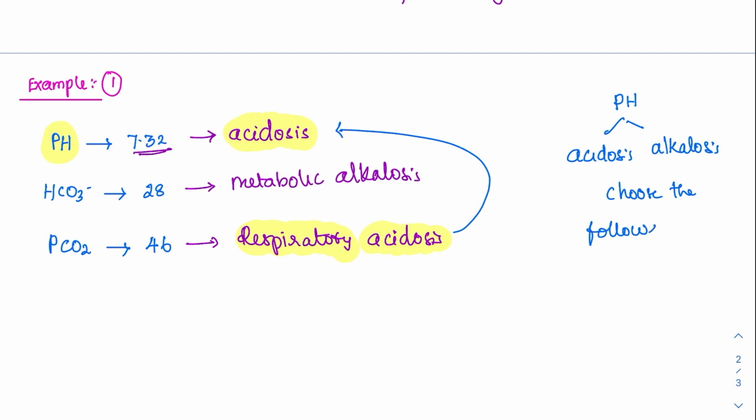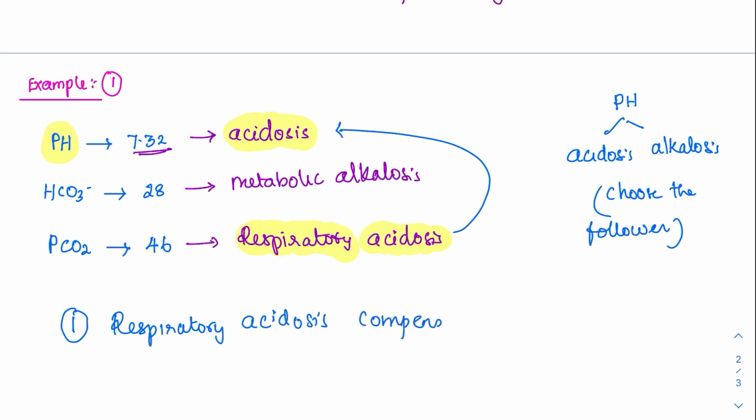So the answer for this first example is respiratory acidosis compensated by metabolic alkalosis. This is the entire key for this question.